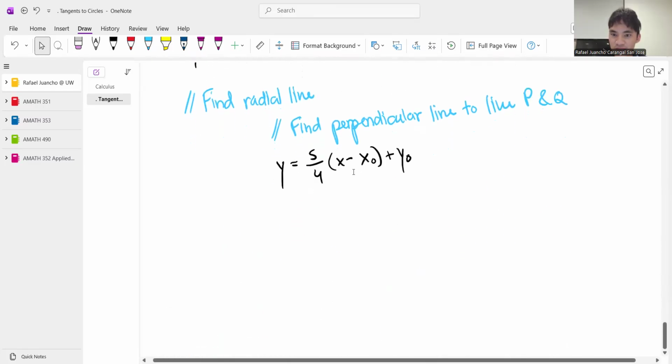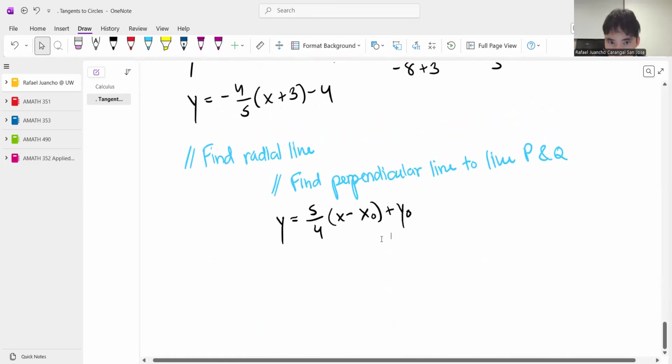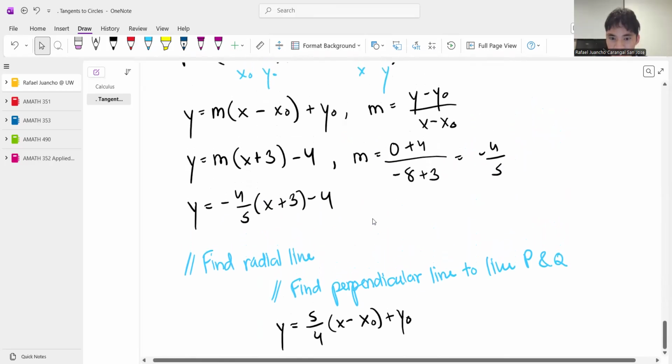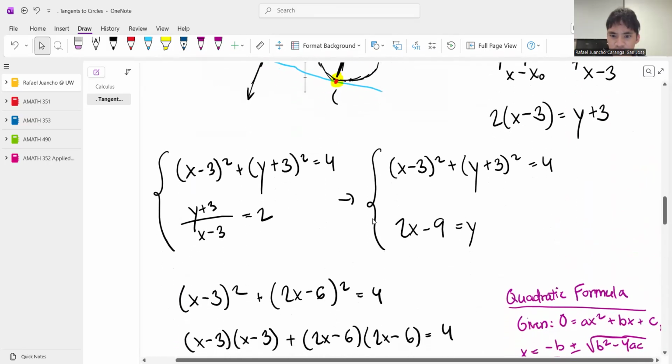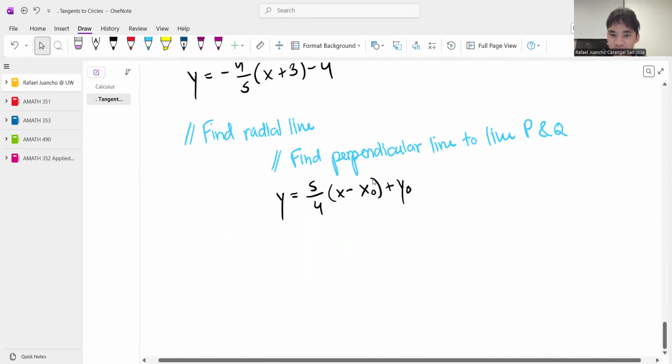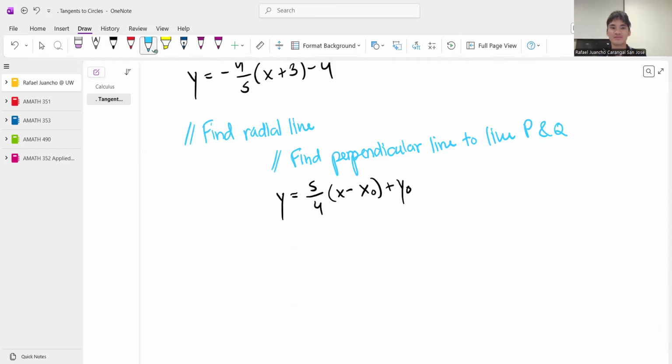And it seems like I can do that? Let me check. So this would be x naught, y naught. I think I can do that. Yeah, kind of like similar to what we did here earlier. We just need to find the 2 points. We need to find x naught, y naught.